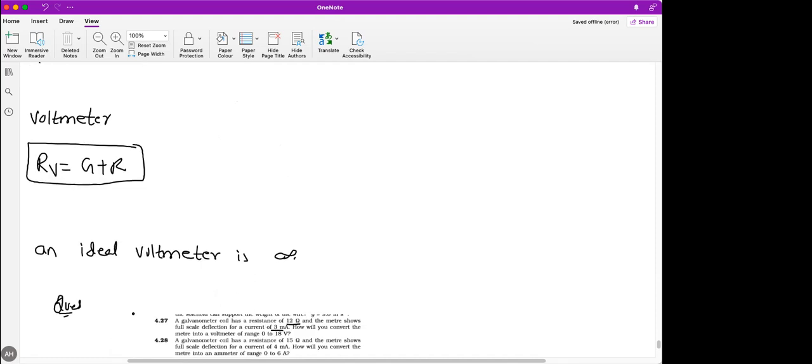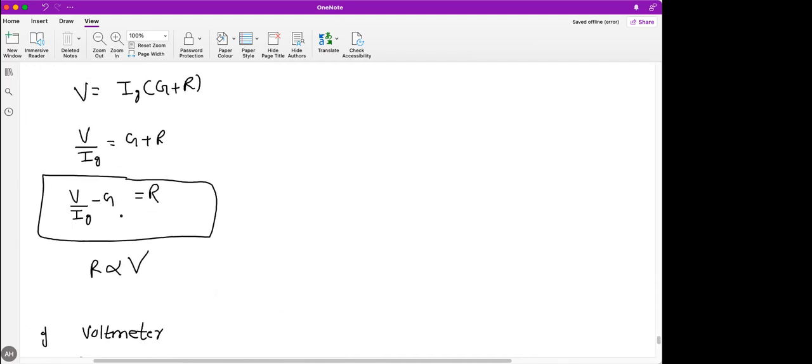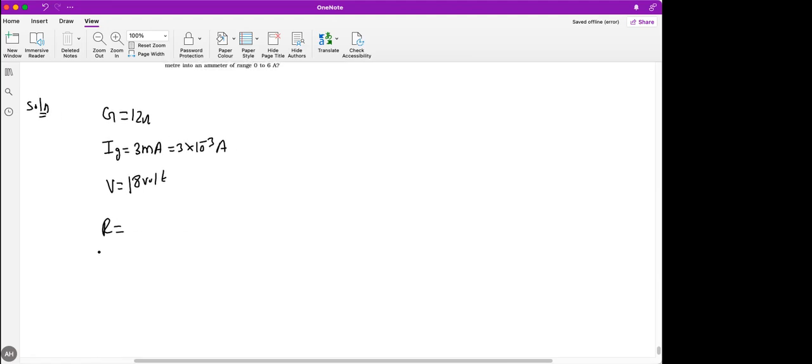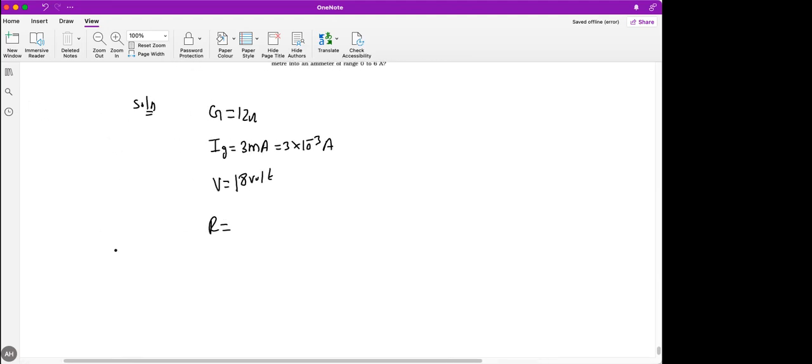R is V by IG minus G. So R is V, which is 18, divided by IG, which is 3 into 10 raised to the power minus 3, minus G, which is 12. 3 sixes are 18, so R is 6,000 minus 12.